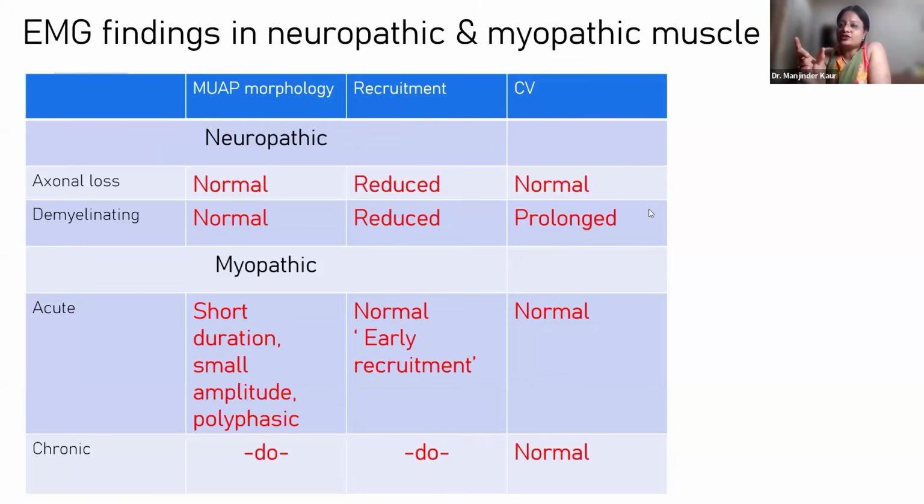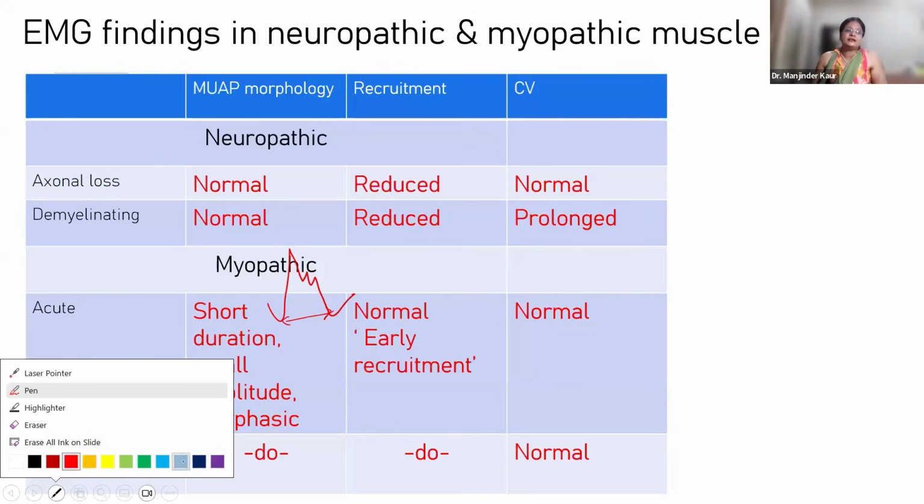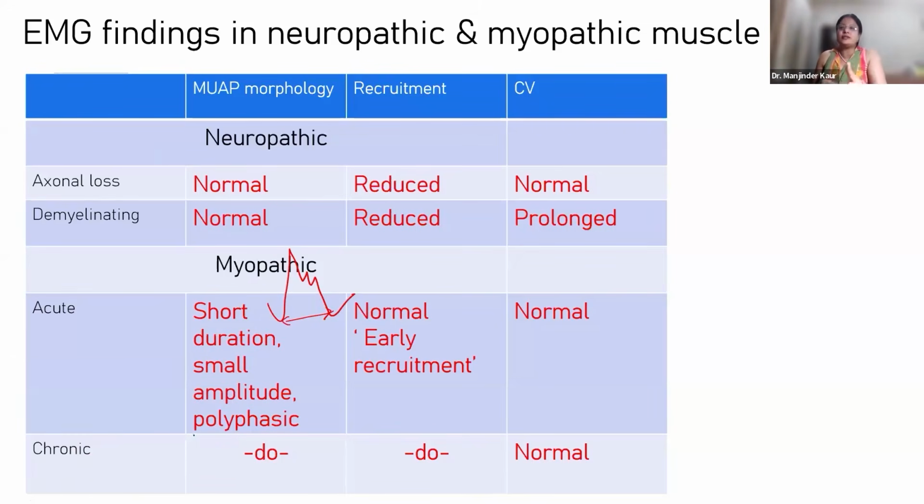I told you that the duration of the motor unit action potential depends on the number of muscle fibers which are getting stimulated.